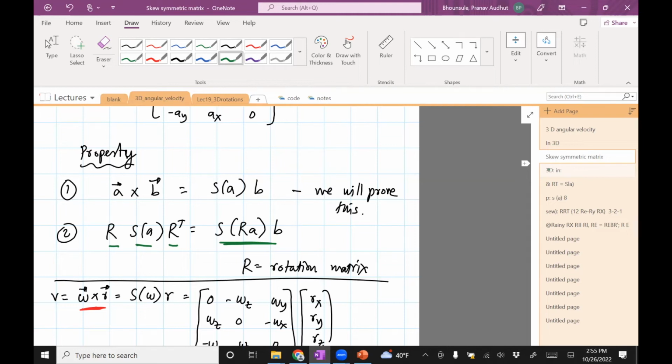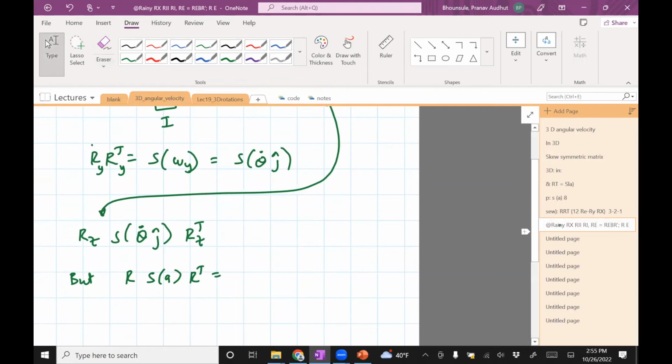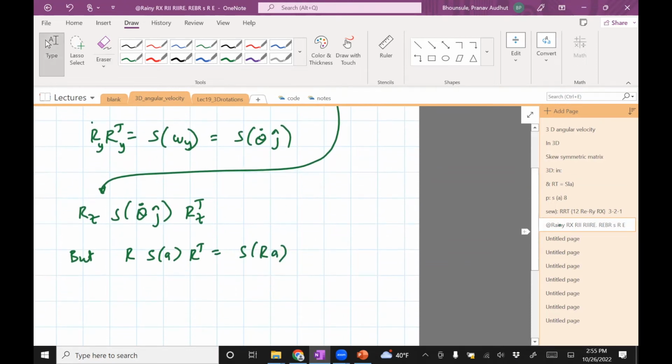Yeah, it's not right. It should be S of R of A. There's no B. So R S of A R transpose is S of R of A. Let's use that, and I'm going to use the same thing here.